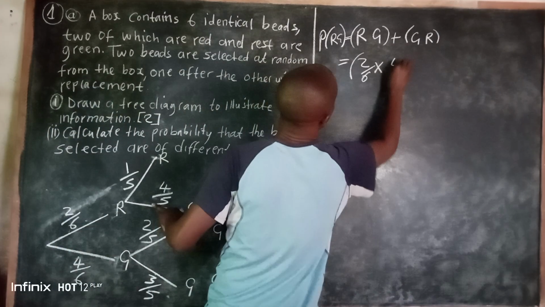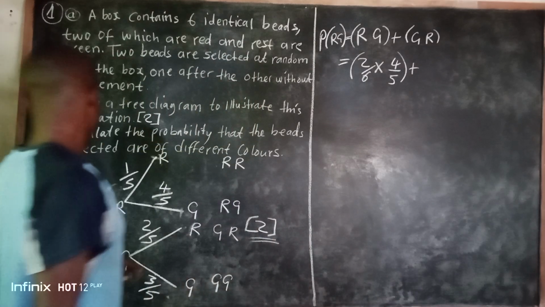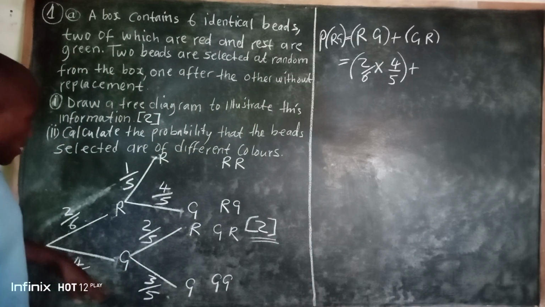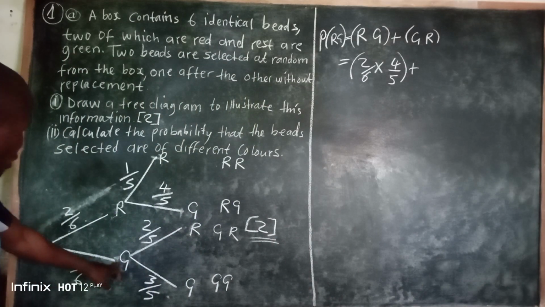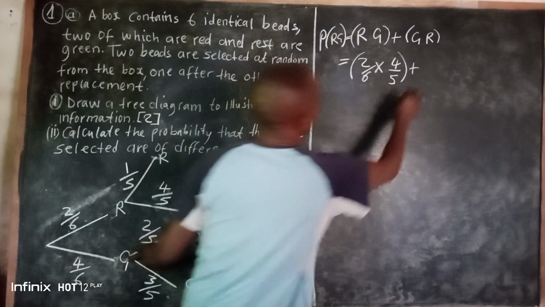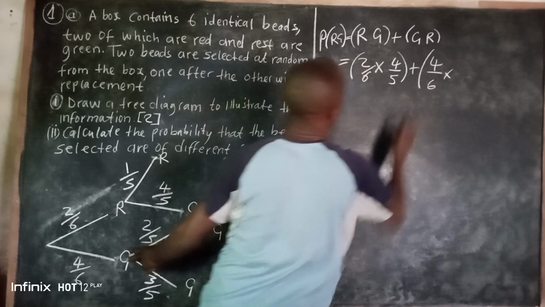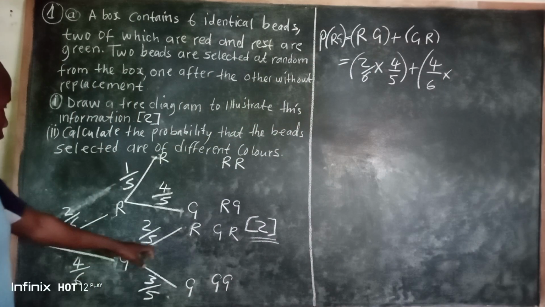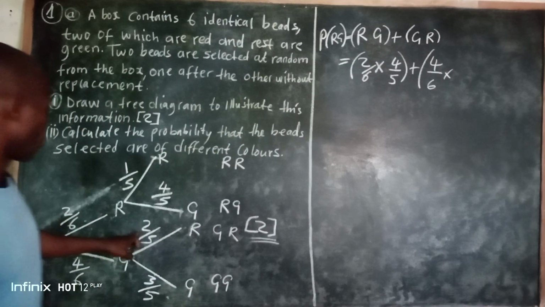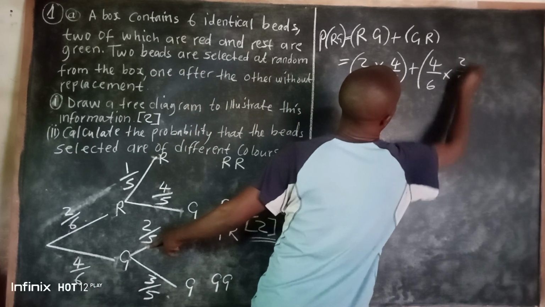So we are going to put 4 over 5 there. Then plus. Then we have G R. G R is this one. G is here, which is 4 over 6. 4 over 6. Then times R, G R, 2 over 5. We have 2 over 5.